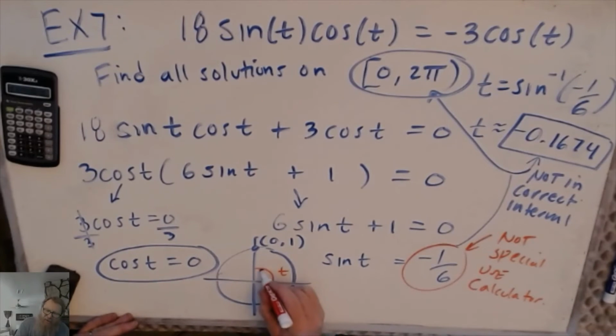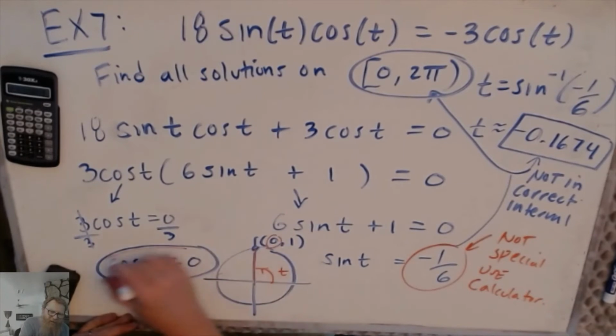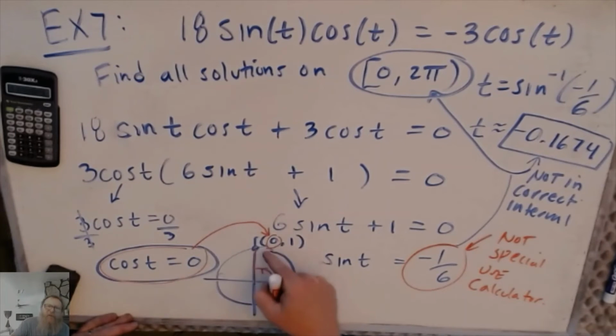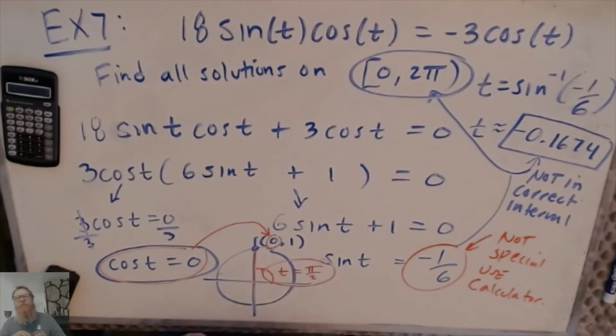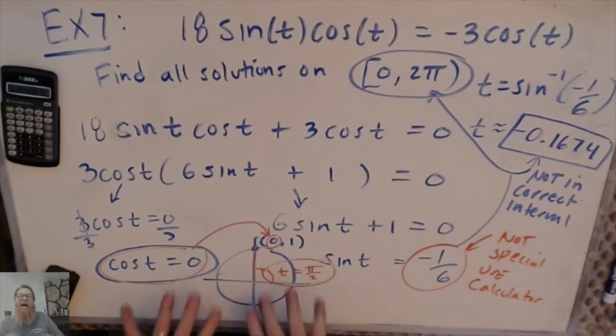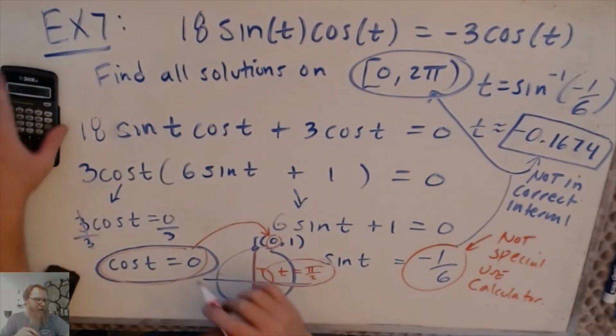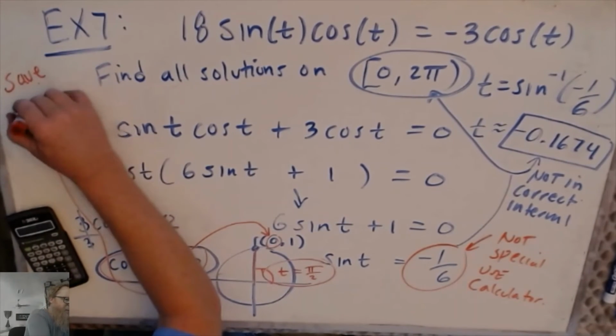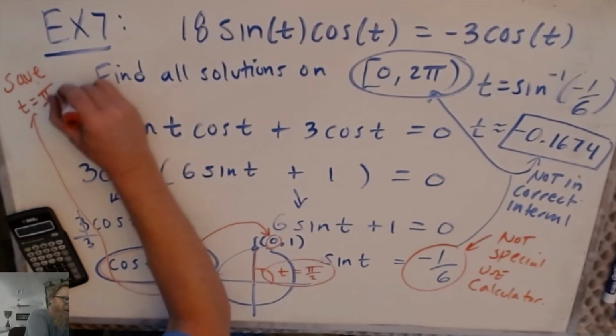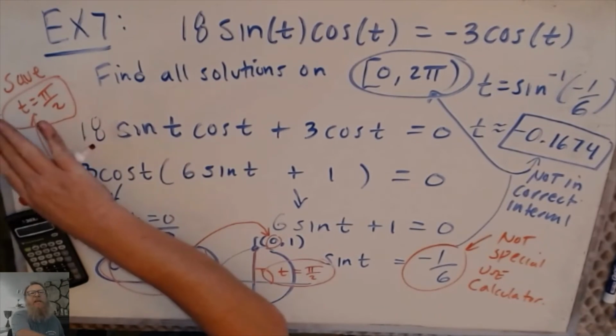T is the angle in radians. So this is 90 degrees, or pi over 2. That is a special angle. So let's put that one on save. T equals pi over 2. That one's correct. We'll save that one for later.